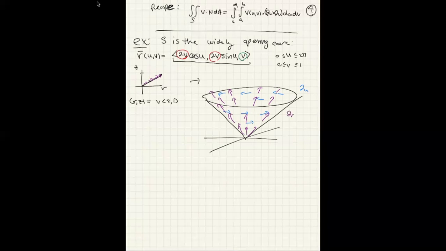So now in the problem, if I want to do any sort of flux integral, I want to tell you what my positive direction is. So I'm going to decide n is the normal vector field pointing inwards and upwards.